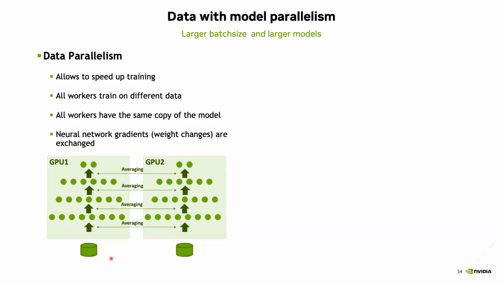So all gradients are sent to a main machine, which averages them and transfers the average gradients back. This really helps a lot to increase the batch size during training, and it's a very easy way to utilize more GPUs without significant cost of communication.